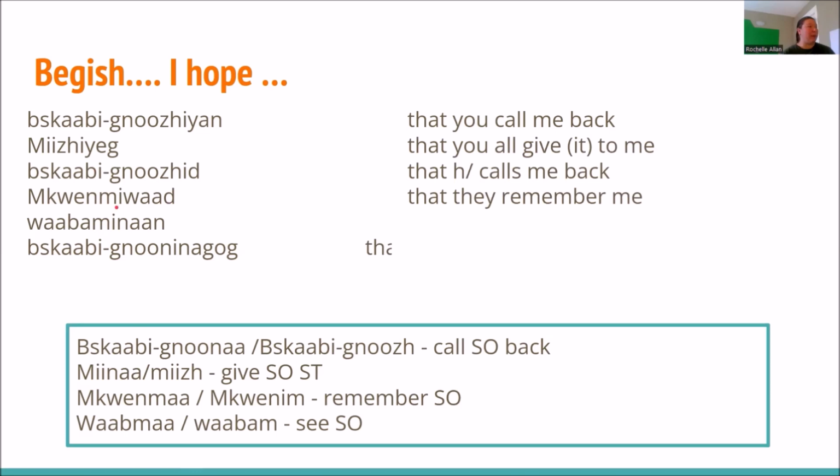Here we have remembers the verb, and we see here it's action on me. So I'm the one being remembered, and wad, they are the ones doing it, that they remember me. So now we have wabam as our verb, and we see in, action towards you, and then on, that's being done by me.